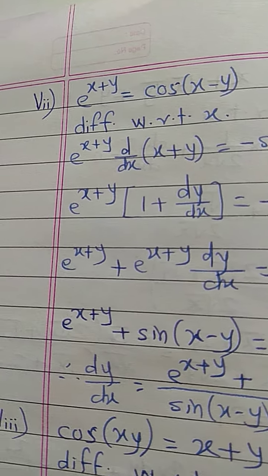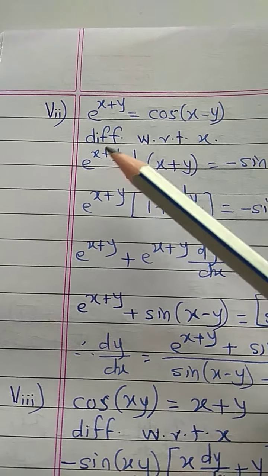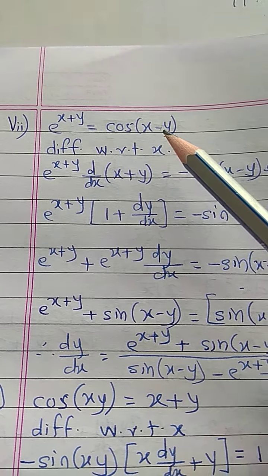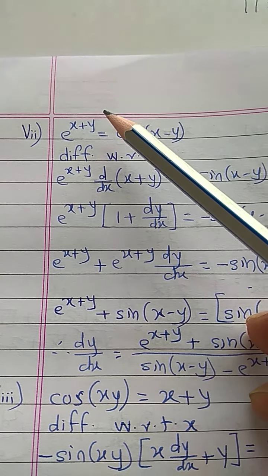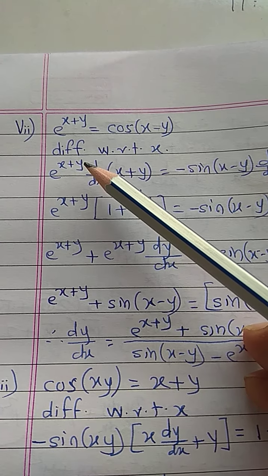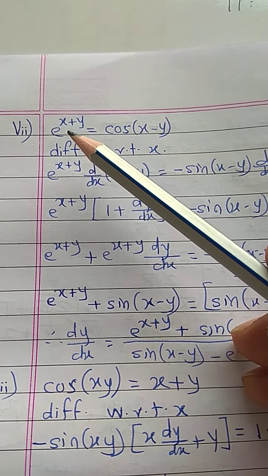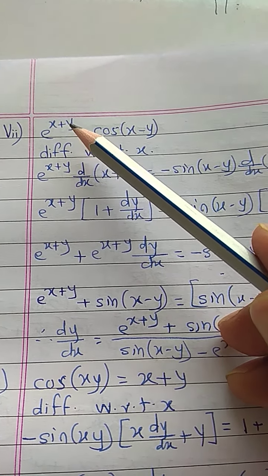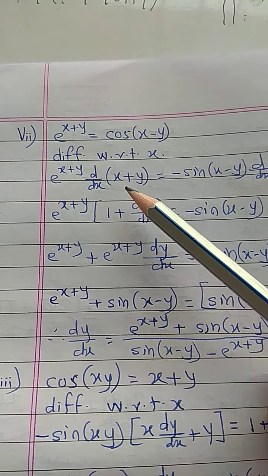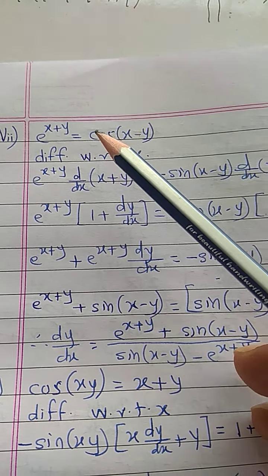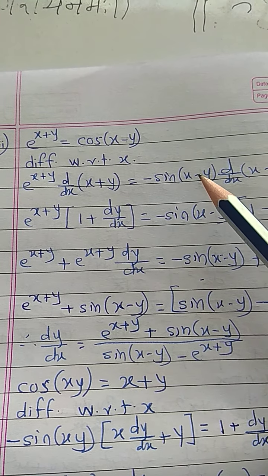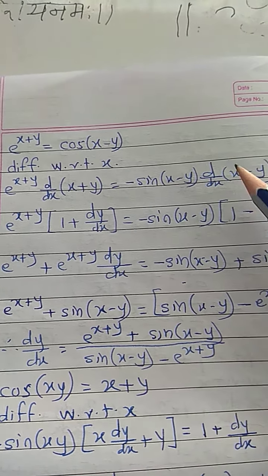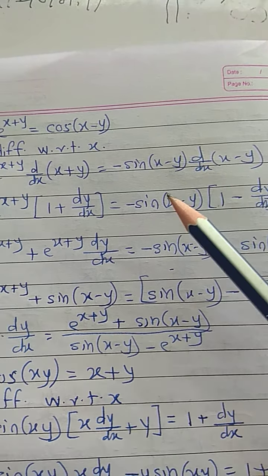Roman 7, e^(x+y) = cos(x - y). Differentiating with respect to x. Derivative of e raised to something is e raised to that thing. Now derivative of this x plus y we have to take, equal to derivative of cos, which is minus sine of that bracket into derivative of this bracket, that is derivative of x minus y.